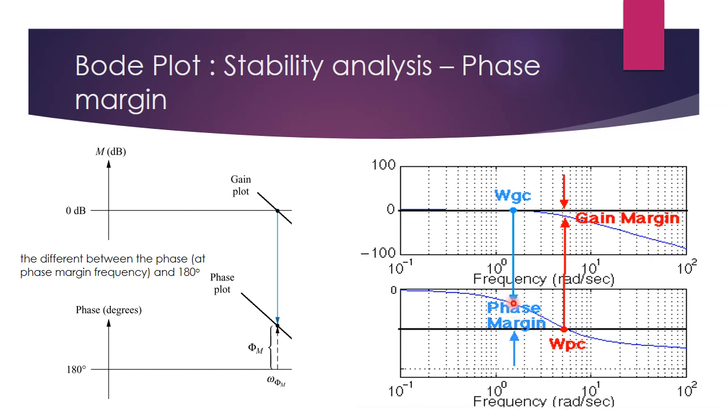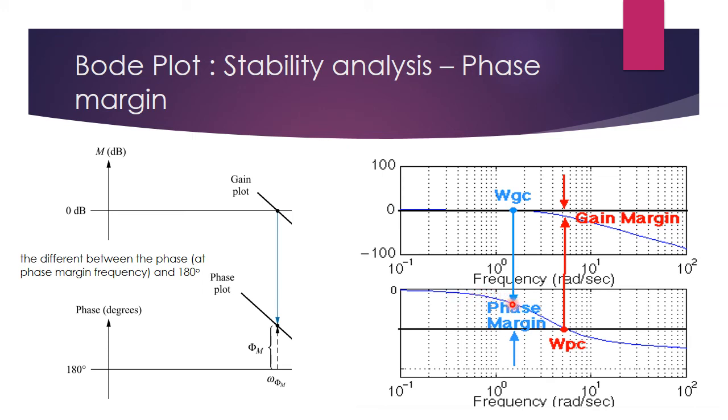And then the difference between this phase and 180 degrees, so this is basically minus 180 degrees over here. It starts at zero. Zero means at the beginning you have no lag at all, but the phase shift becomes more and more as you increase in frequency.